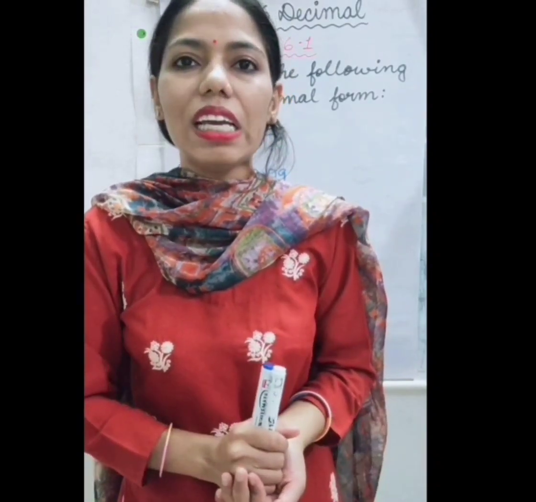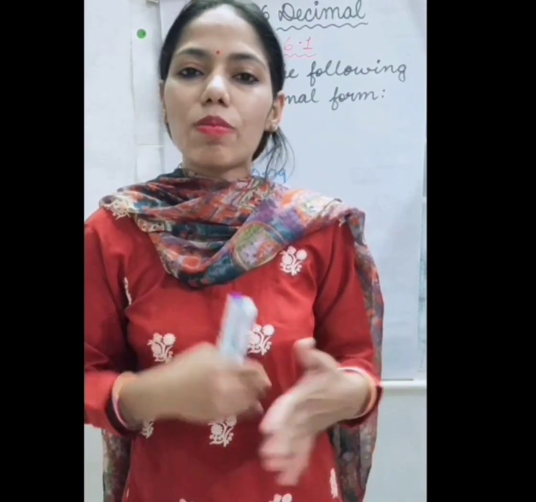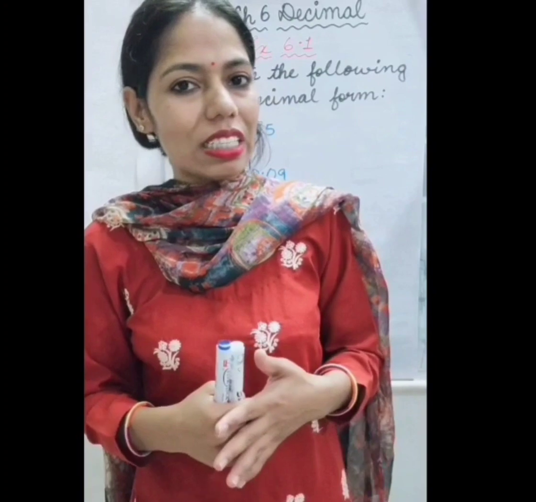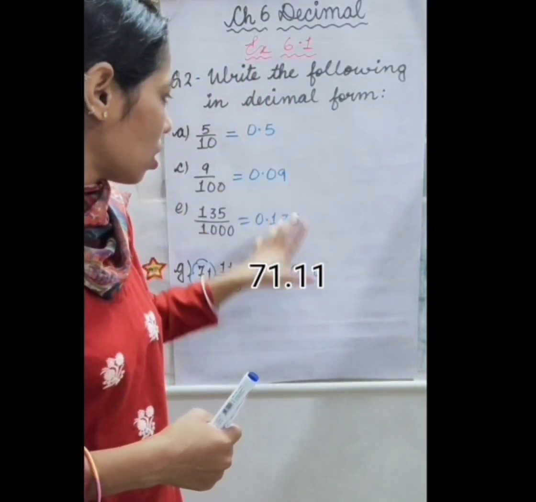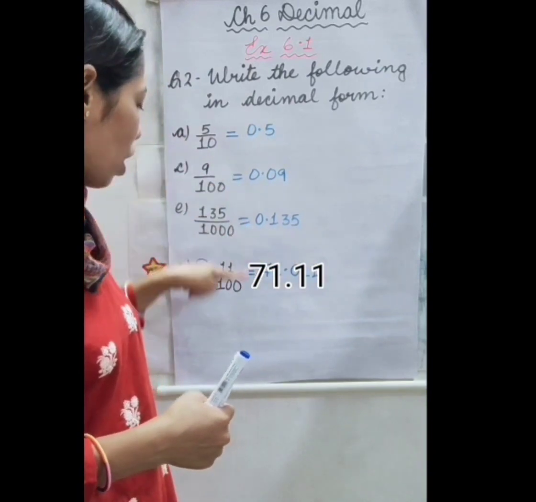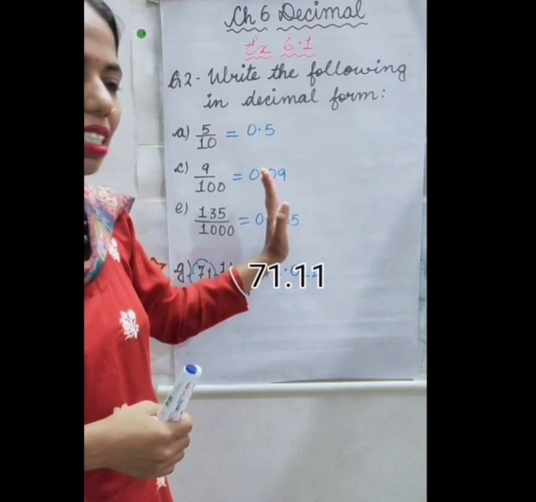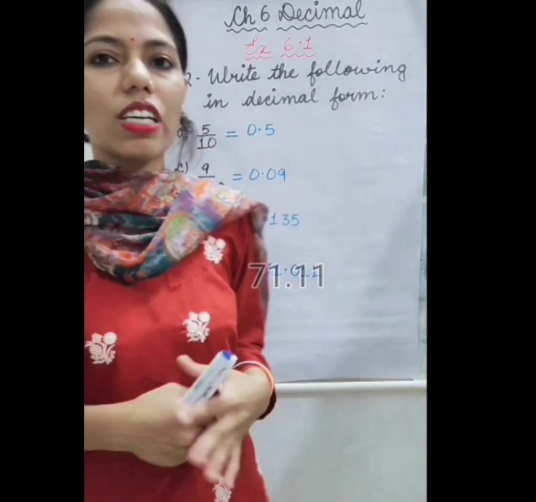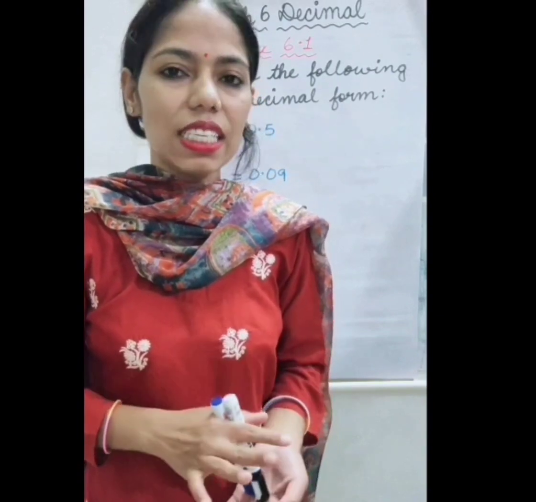Let's move to question number 3. Write the following as decimal fractions. Now decimal numbers are given and we have to write these decimal numbers in the form of fraction. The first part is 0.6.